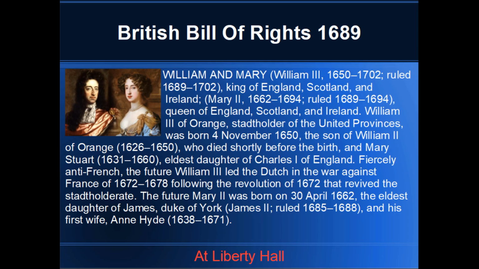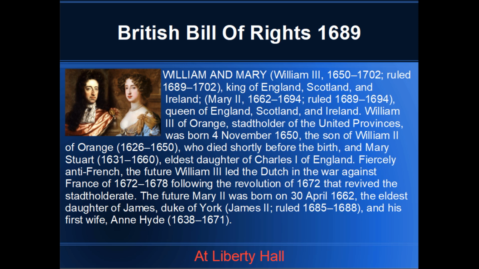William and Mary. William III, 1650 to 1702, ruled 1689 to 1702, King of England, Scotland, and Ireland. Mary II, 1662 to 1694, ruled 1689 to 1694, Queen of England, Scotland, and Ireland.